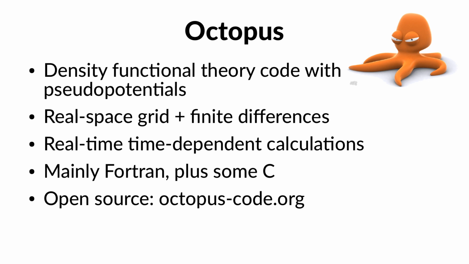And it's mostly used for real-time, time-dependent calculations, also including external fields like a laser field or whatever. And it also includes lots of different options and algorithms. It's mainly written in Fortran plus some C, and it's open source, so you can find it at octopus-code.org and can download it and use it.